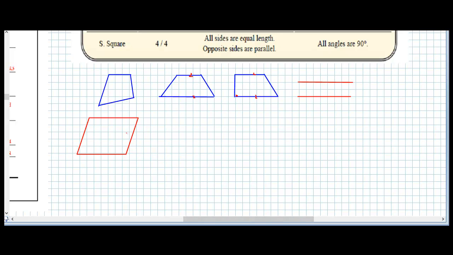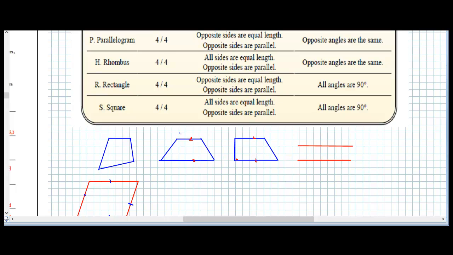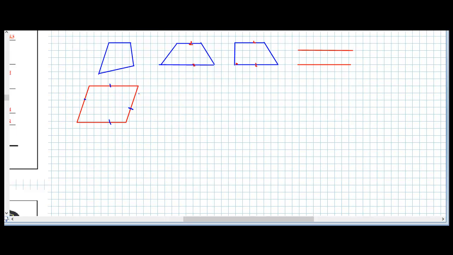We call it a parallelogram, because these sides are parallel to this side, and these sides are parallel to this side, so we have 2 pairs of sides parallel. And of course, each 2 opposite sides are equal and parallel.